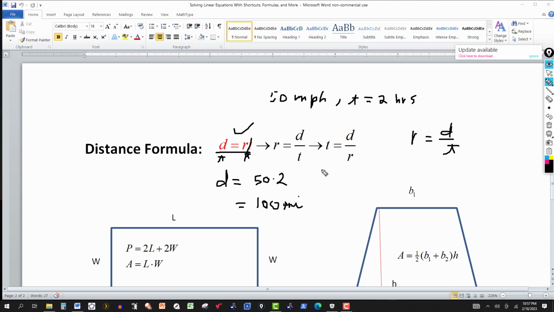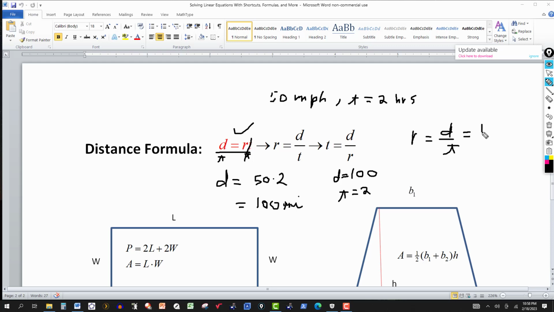So if I tell you, I'm going to use the same data here, that the car traveled a distance of 100 miles in 2 hours, what's the rate of speed of the car, or the speed? Well, now you just plug into this formula, which we already know the answer because we did it the other way there.